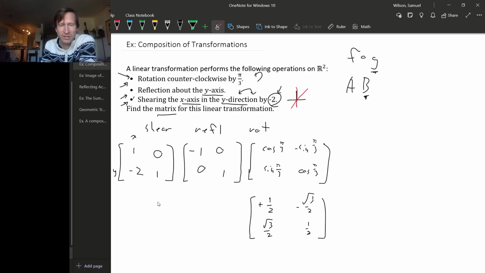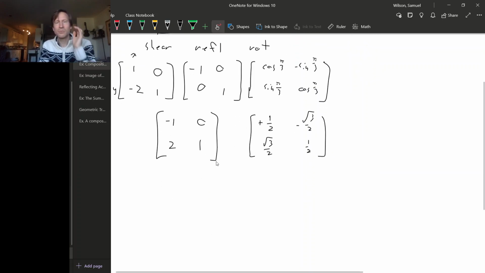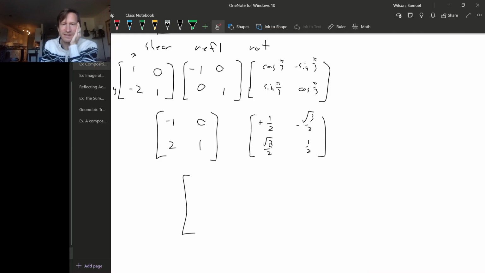Okay, and then now we can maybe do this matrix multiplication on the left right away. So we're going to get minus 1 and 2, and then in the second column we're going to get 0 and 1, and then one more matrix multiplication. So let's see, minus a half plus 2 times root 3 over 2, so minus 1 plus 2 root 3 over 2. That's not right.